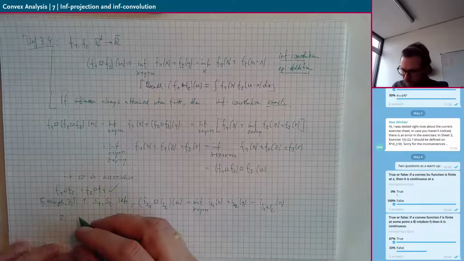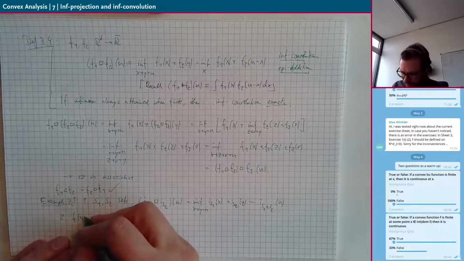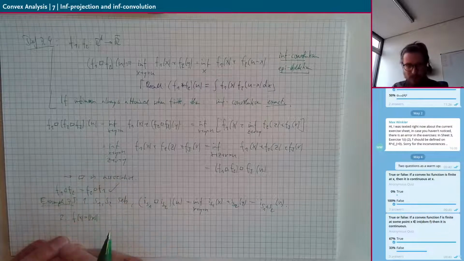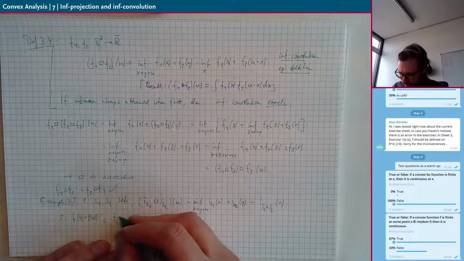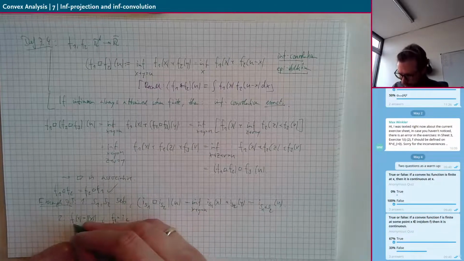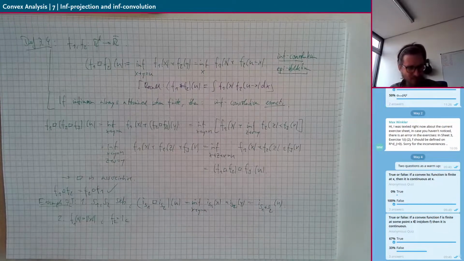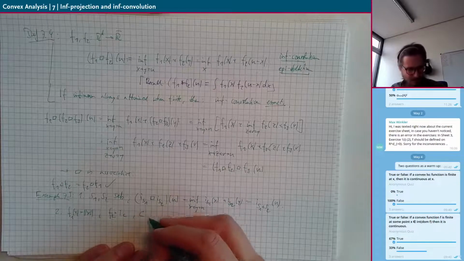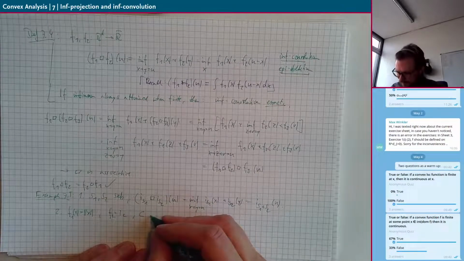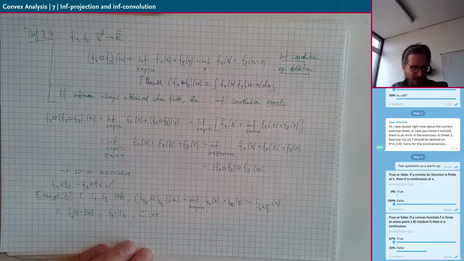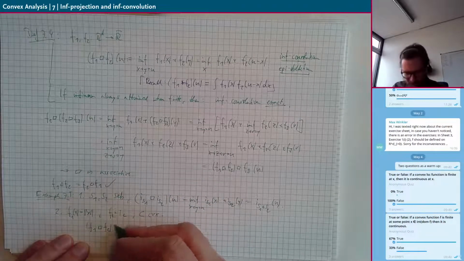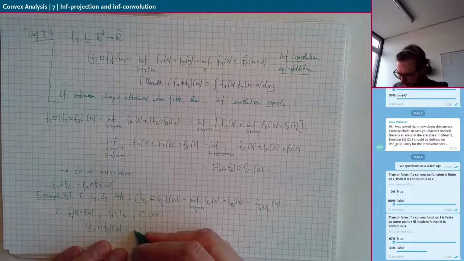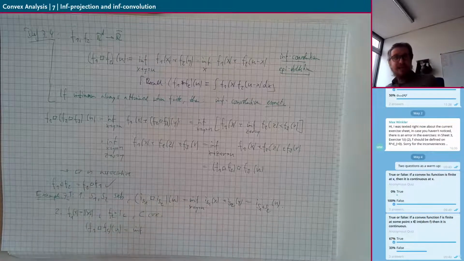Second, take f1 to be, for example, a norm, no matter which, could be any norm, and f2 the indicator function of a convex set C. Then the inf-convolution of f1 and f2 at u is, let's write it down, the infimum, and now we just plug it in.